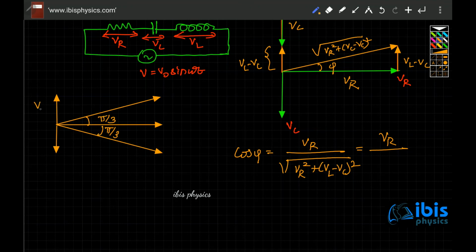Only when the magnitude of VL and the magnitude of VC are the same, when you remove VL this is exactly pi by 3, and when you remove VC this is pi by 3. Then this length and this length must be the same, except that they are in opposite directions. So VL and VC cancel out each other, and the root of VR square is VR. They cancel each other, leaving 1. So cos phi is equal to 1. Cos phi is also called the power factor. So the power factor of this circuit is 1.